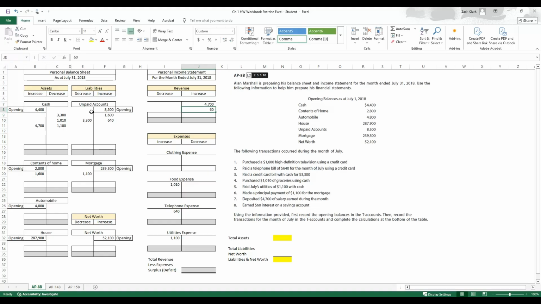And so we're going to put that again under increases to revenue. And we're going to put the cash going up essentially. You could break these revenue accounts out like we did with expenses here. You might see salary revenue and then interest revenue as 2 different T accounts. But for the purposes of this problem, we've just included those all under one area.